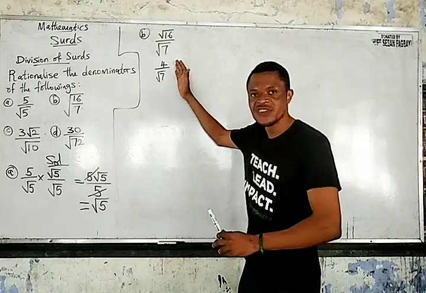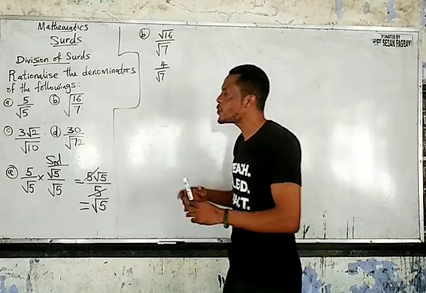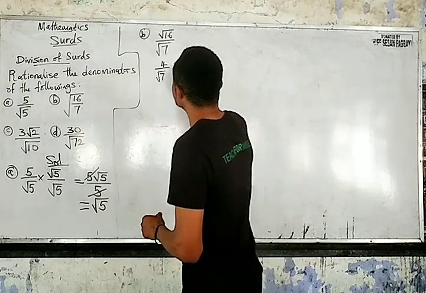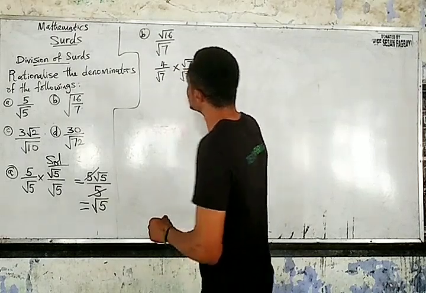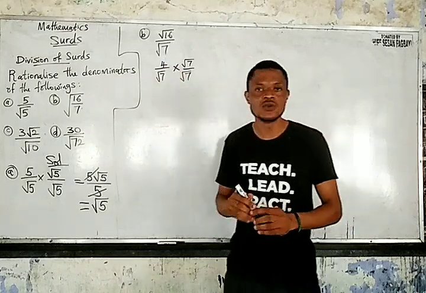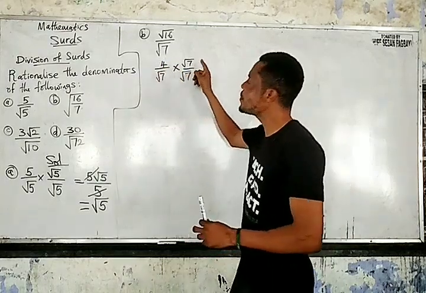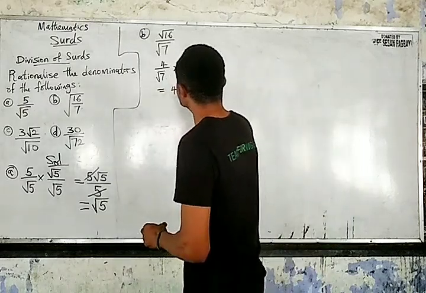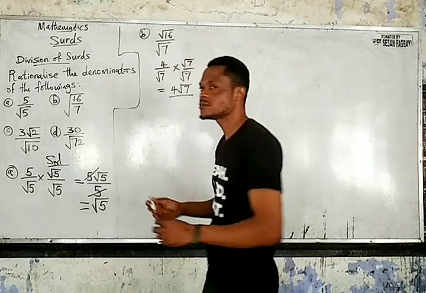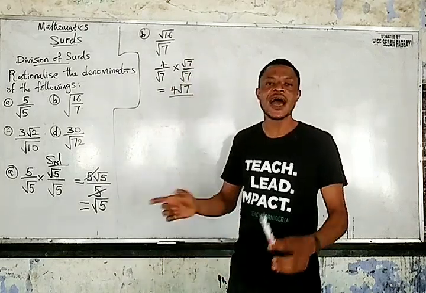We are not going to leave our answer like this. We need to rationalize it. So, we now rationalize this by saying root 7 all over root 7, which is multiplied by the value we have here. So 4 multiplied by root 7 will give us 4 root 7 all over root 7 multiplied by root 7, we have 7.